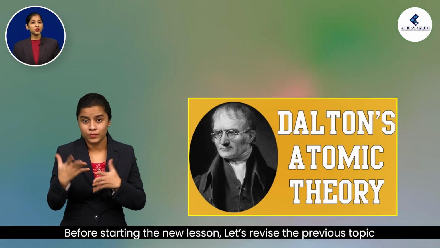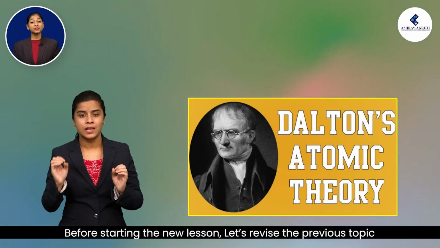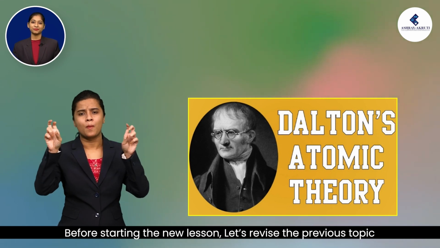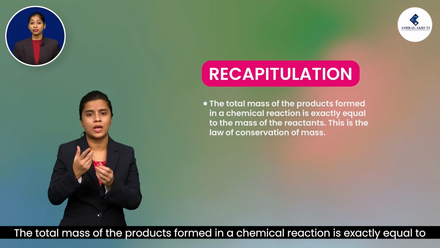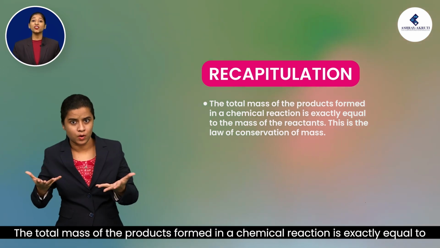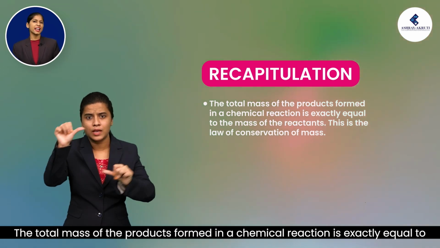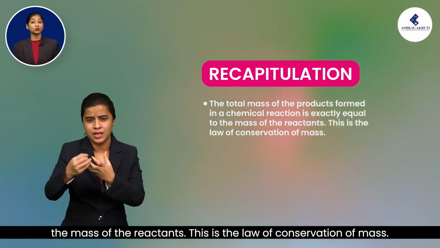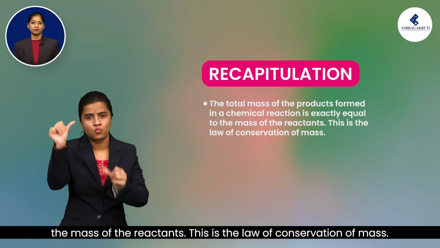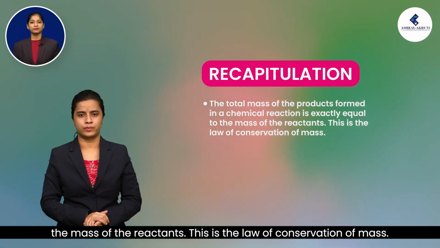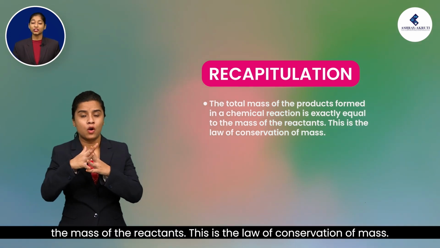Before starting the new lesson, let's revise the previous topic. The total mass of the products formed in a chemical reaction is exactly equal to the mass of the reactants. This is the law of conservation of mass.